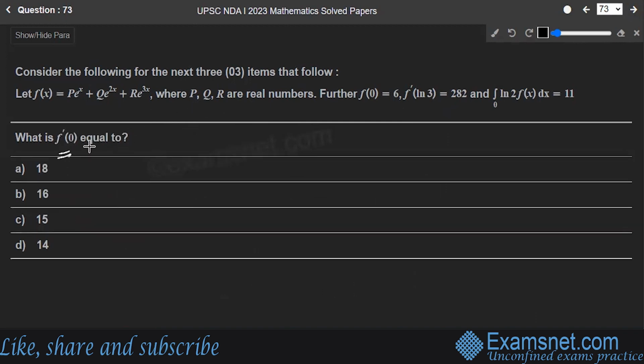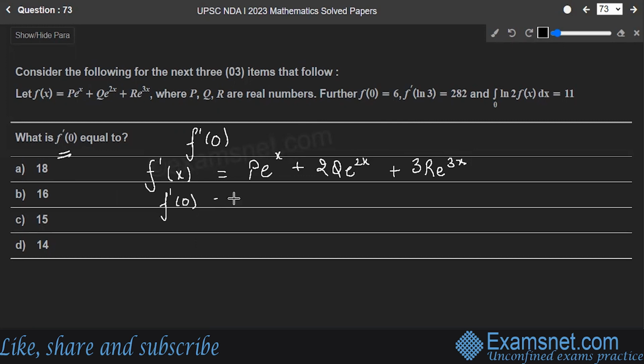So now you have to find out f dash 0. For that, let's write down what is f dash x. We solved in the last question f dash x. It came out to be p e raised to power x plus 2q e raised to power 2x plus 3r e raised to power 3x.